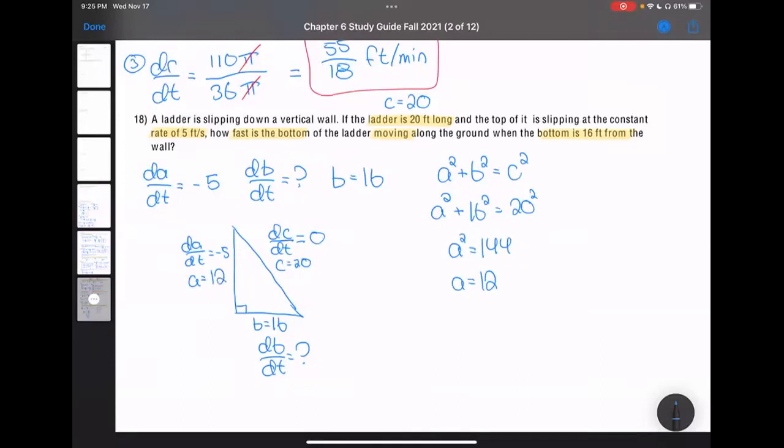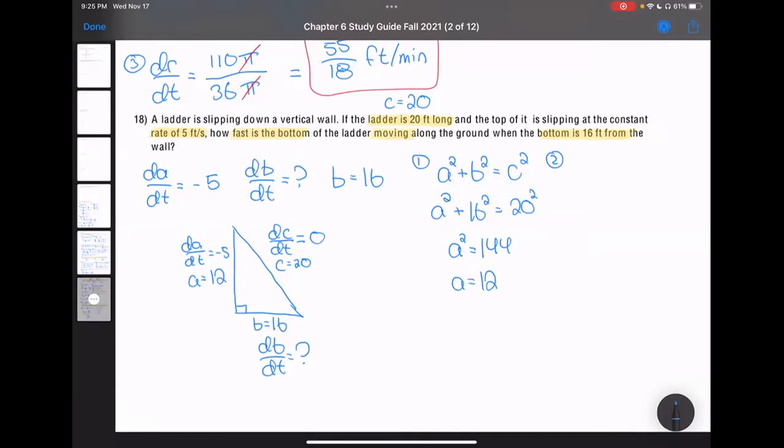Awesome. And now we want to find what dB dt is. So the only way to get that is to take the derivative of a function that allows us to check for related rates. So this is part 1. Part 2 now is to take the derivative, and the only function that we have is this A squared plus B squared equals C squared, Pythagorean theorem. We're just going to take the derivative of that.